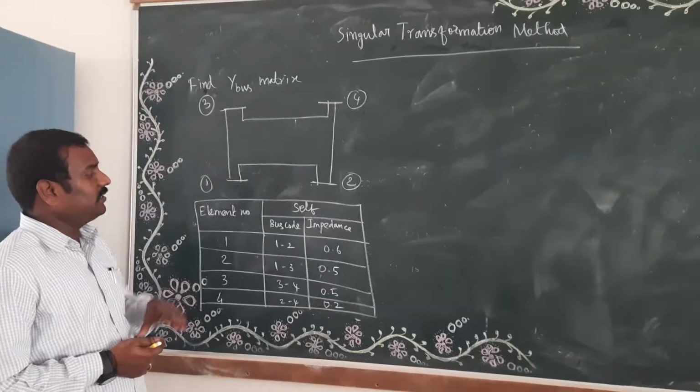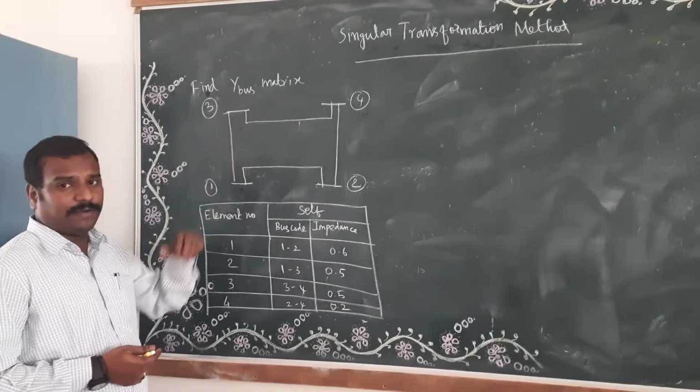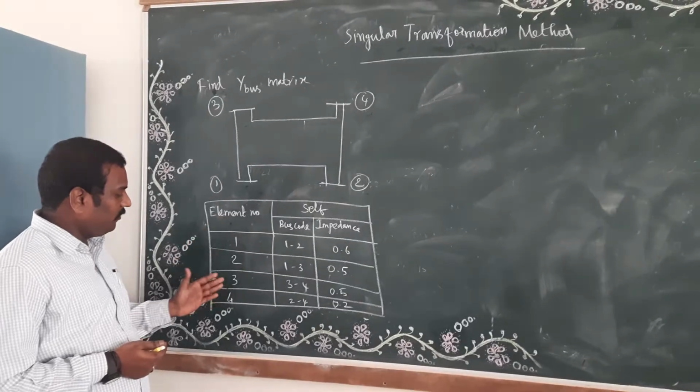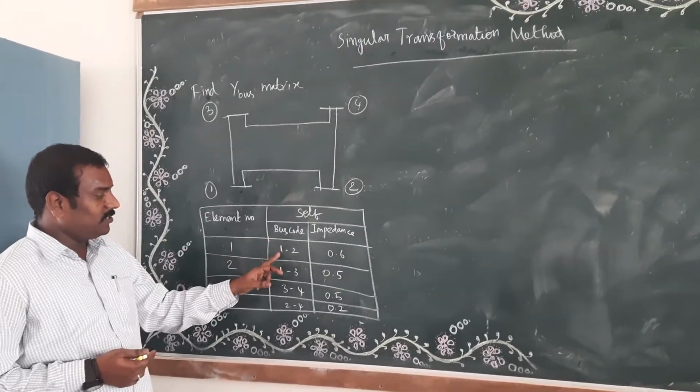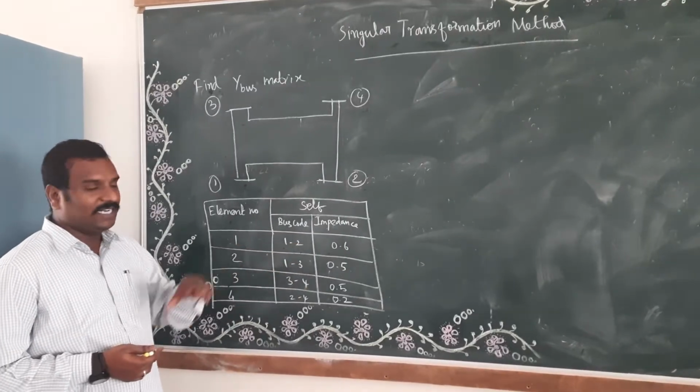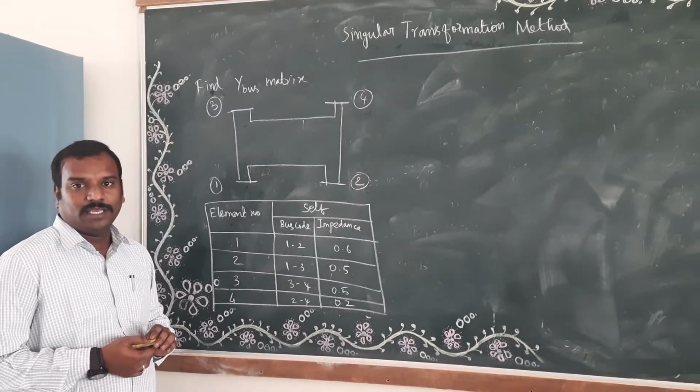The data of the power system is given in a tabular column, where the element number is given as 1, 2, 3, 4, the bus code from the first bus to the second bus, and the impedance value. Similarly, for all the other transmission lines impedance values are given.